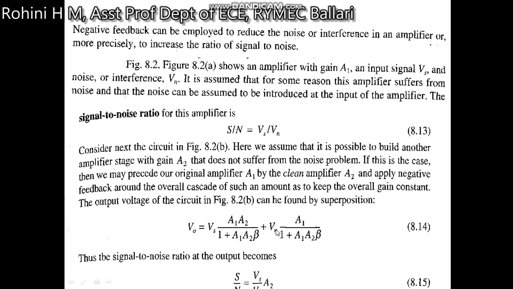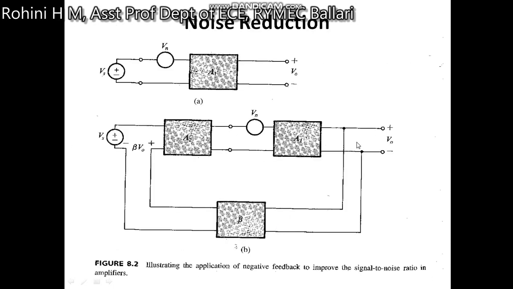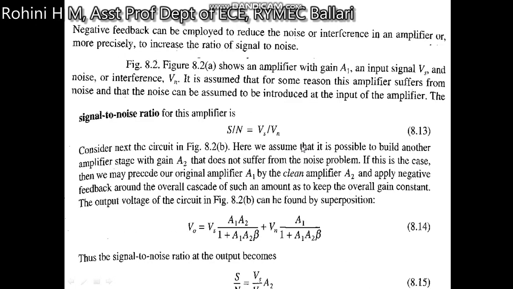Then the second term, for the second case of the superposition theorem: the first source is not acting, and only the second source is acting alone. So Vout is only due to the Vn source acting alone. Here, which amplifier block is considered? Only this one, A1. So what will we write?